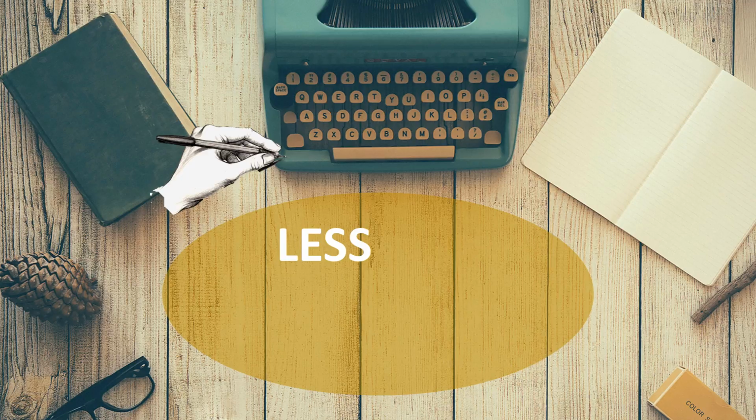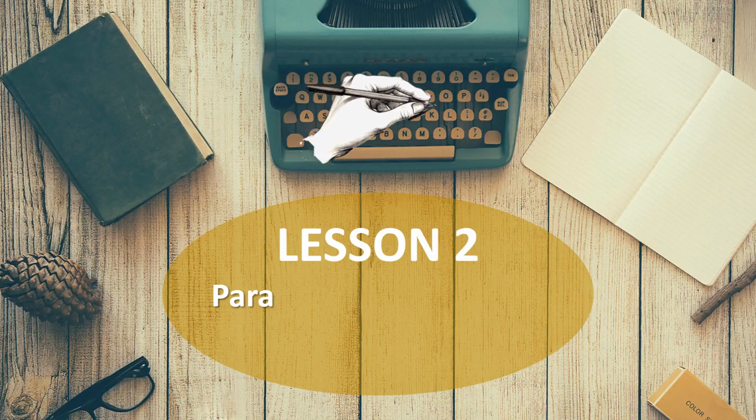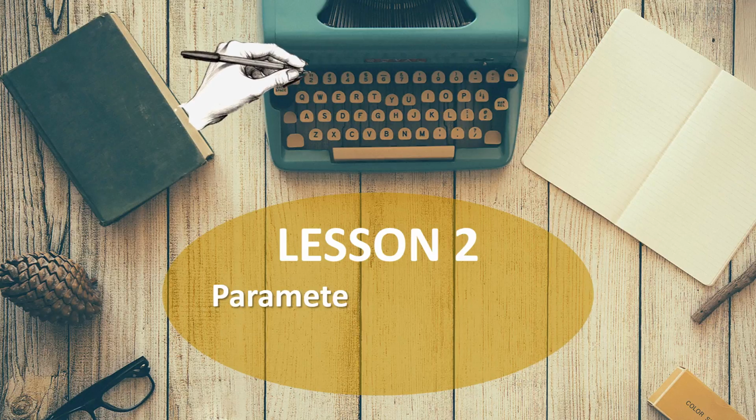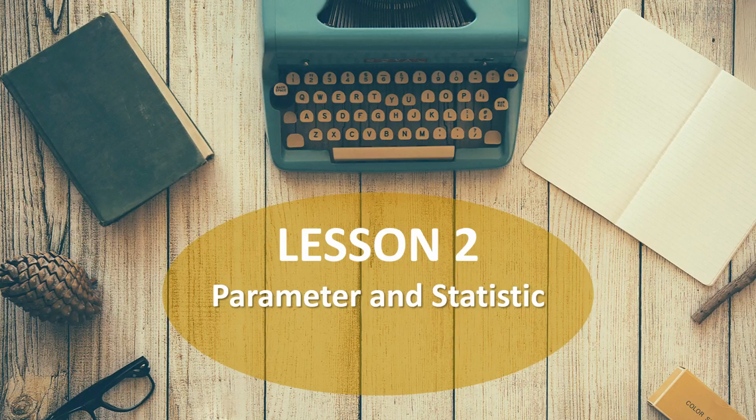Okay, now, lesson number 2 is about parameter and statistics. In the previous discussion, you learned about random sampling, a process done in selecting an unbiased representative sample from a population.